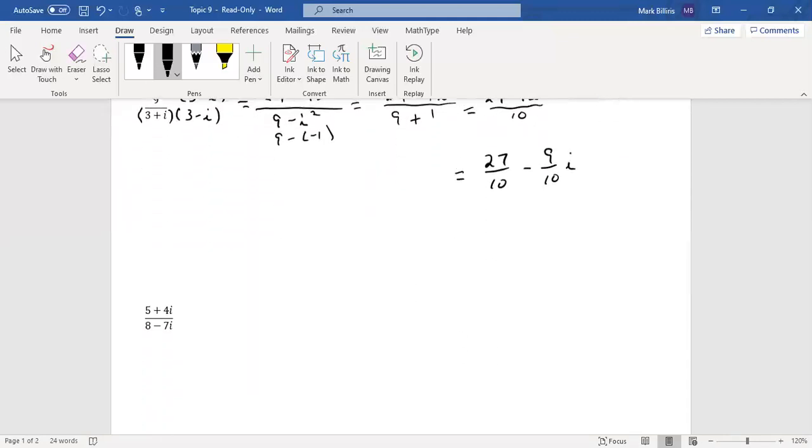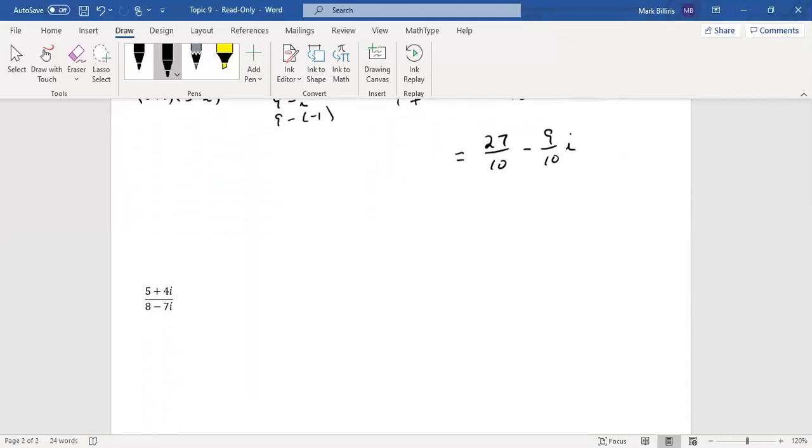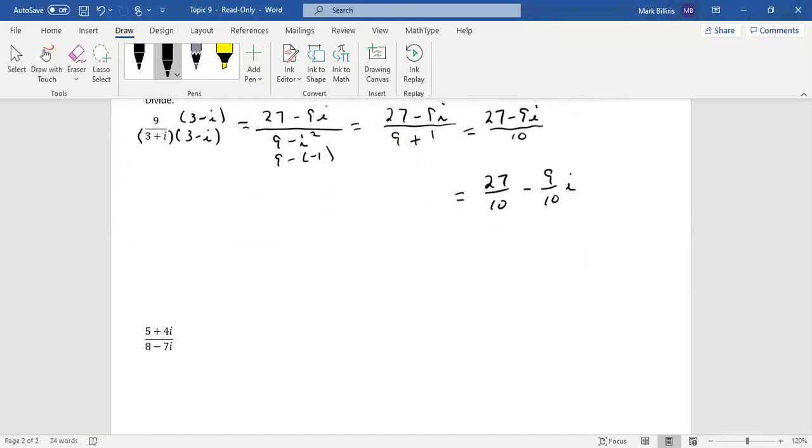So let's look at another one. In this case, we have 5 plus 4i over 8 minus 7i. Again, anytime I'm dealing with binomials, I like to put them in parentheses. Since I'm dividing, I need to rationalize the denominator. So I need to multiply numerator and denominator by the conjugate of the denominator. The conjugate would be 8 plus 7i. In the numerator, I have to use the distributive property in its entirety.